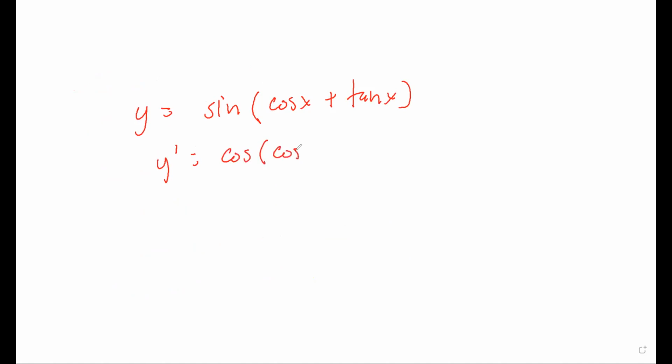So cosine of cosine x plus tangent x times the derivative of what is inside. The derivative of cosine x is negative sine x, and the derivative of tangent x is secant squared x. So it becomes cosine of cosine x plus tangent x multiplied to negative sine x plus secant squared x. So this is the derivative of your y.